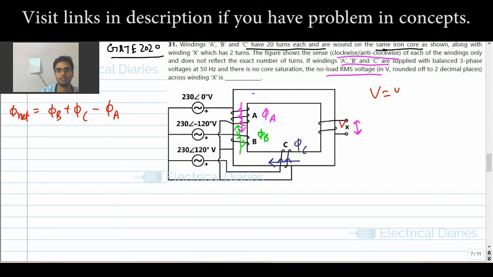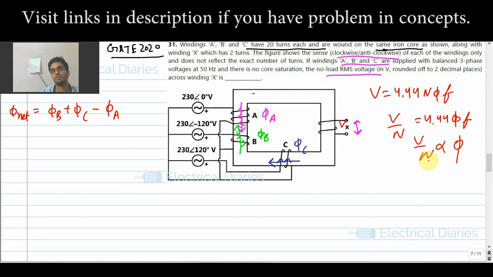See, the formula for a transformer is V is equal to 4.44 N phi F. So the voltage per turn, that is V by N, is equal to 4.44 phi F. F is constant, 4.44 is constant, so it is directly proportional to the flux.